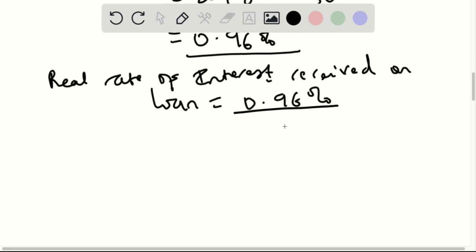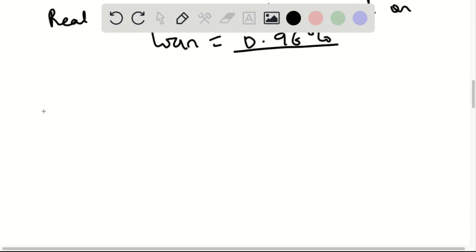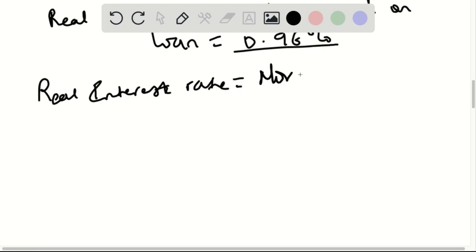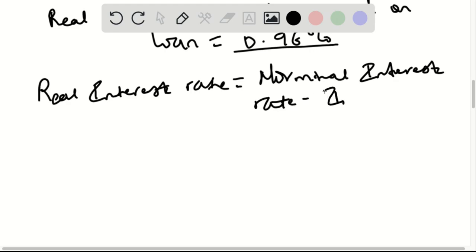Now we can find the real interest rate which the question wants by using the formula nominal interest rate minus inflation rate.